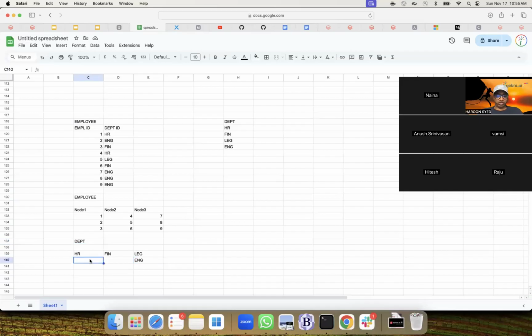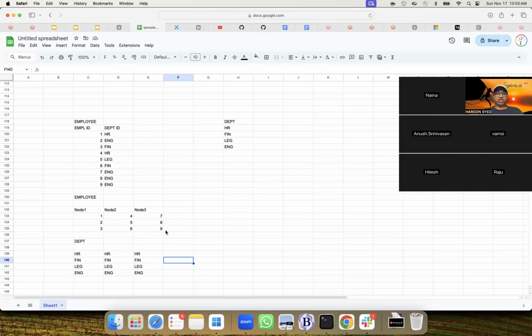Now, instead of that, what I will choose to do is put the entire table on all the nodes. Now 1, 2, 3, HR, engineering, finance, everything is here. So each node can join the tables within itself. It doesn't need to go to another node.